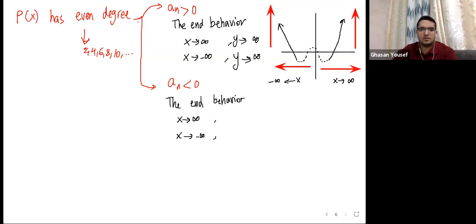So when x goes to positive infinity, this means the y goes to what? So when x goes to positive infinity, the y will go to minus infinity. And the same thing when x goes to minus infinity, the y goes to minus infinity. And the graph of this one is this.